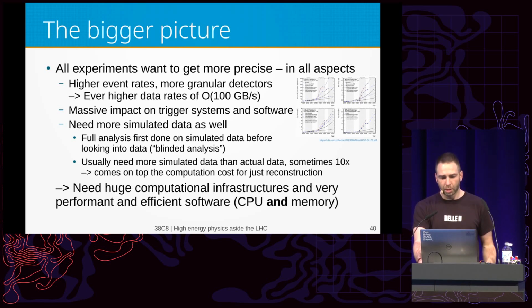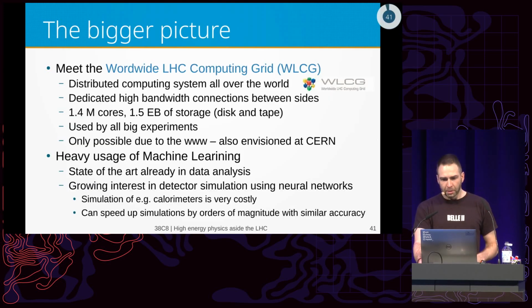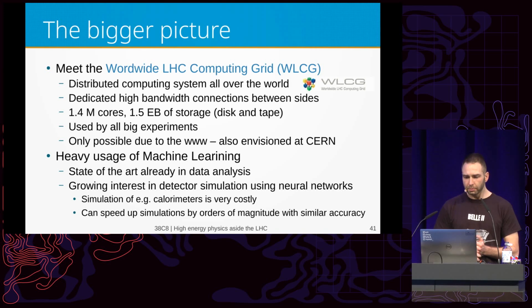So we need huge computation infrastructure and very performant and efficient software for both CPU and memory. And there, over the last 20 years, the large worldwide grid was brought to life. It's a distributed computing system all over the world.